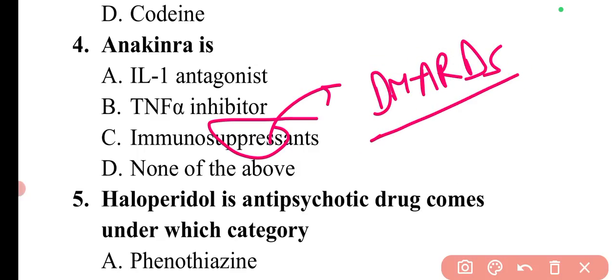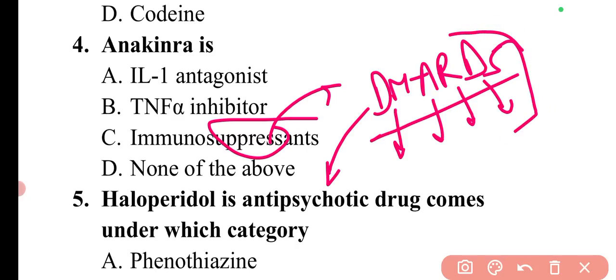The abbreviation is DMARDs: D for disease, M for modifying, A for anti, R for rheumatic, and D for drugs. This class can sometimes be asked, like, which of the following drugs comes under this class? Methotrexate, azathioprine, cyclosporin are the immunosuppressants under this class.